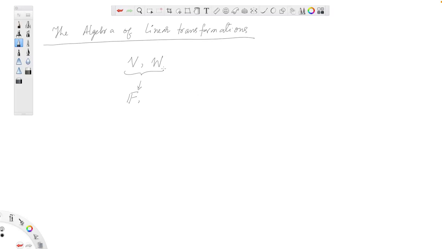We'll see that when we take V and W to be the same, then in the set of linear transformations from the vector space V to itself we can talk about composing linear transformations, meaning that we can take the product of two such linear transformations from the vector space V to itself.